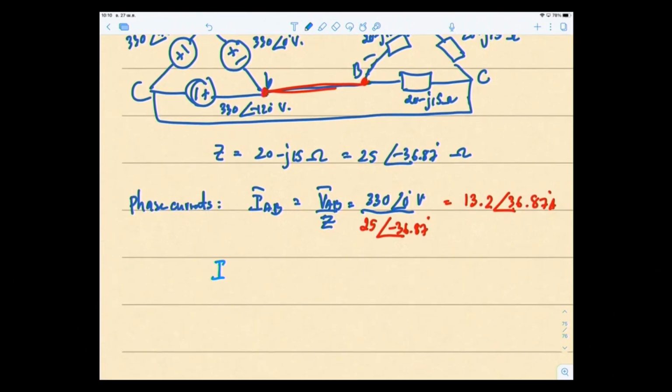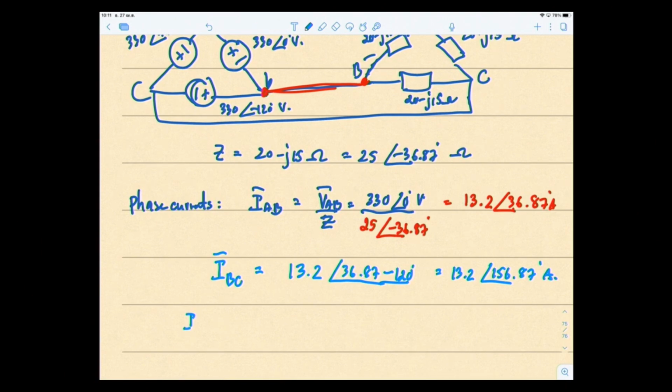Since this is a positive sequence, the next one would be 13.2, the same amplitude, and it lags behind by 120 degrees. So it would be 36.87 minus 120 degrees. So the answer is 13.2 angle minus 83.13 degrees amps.